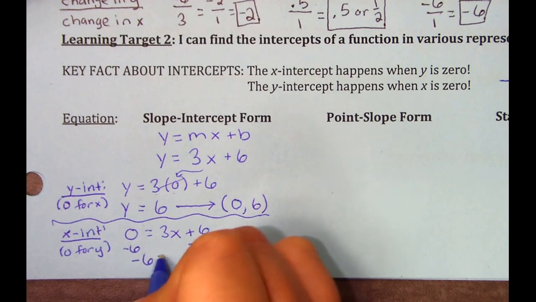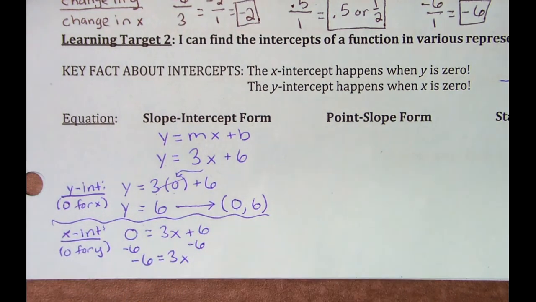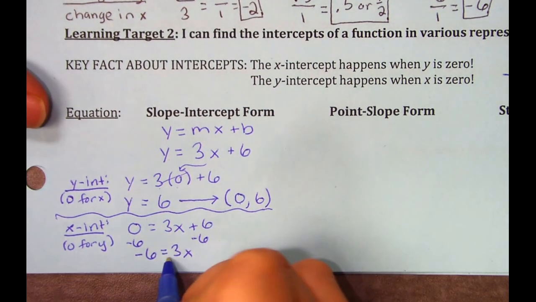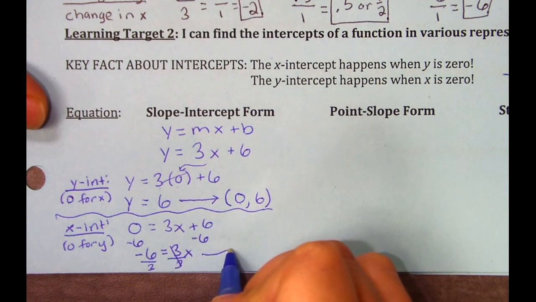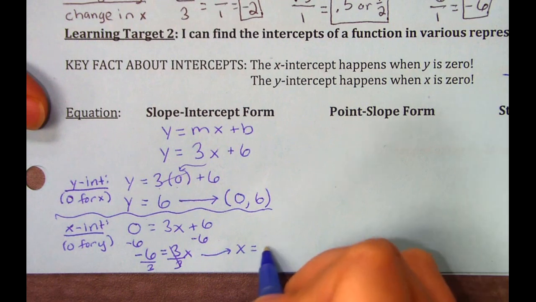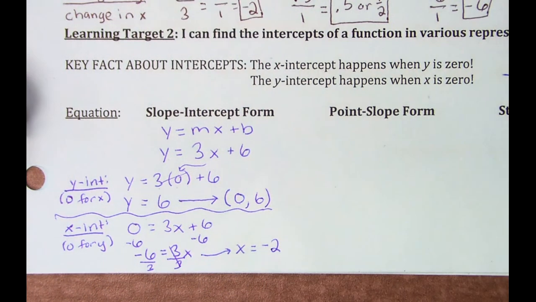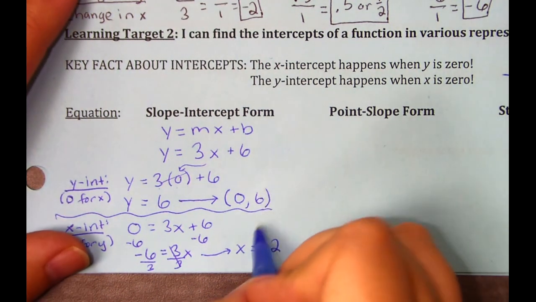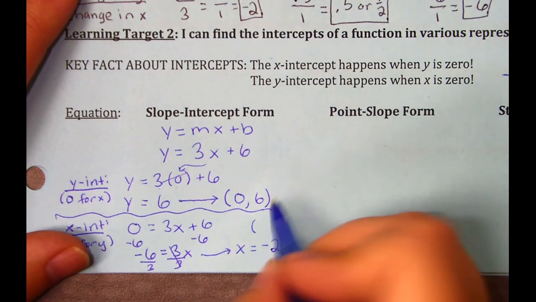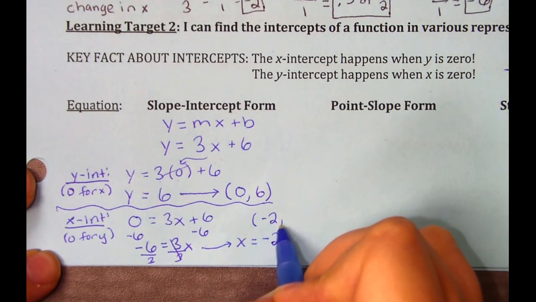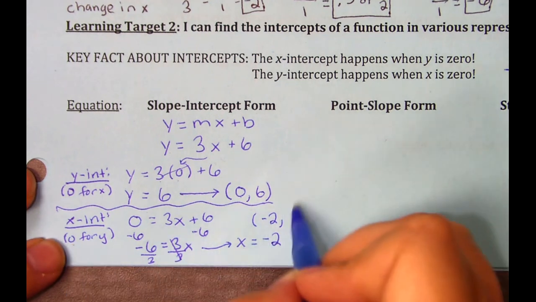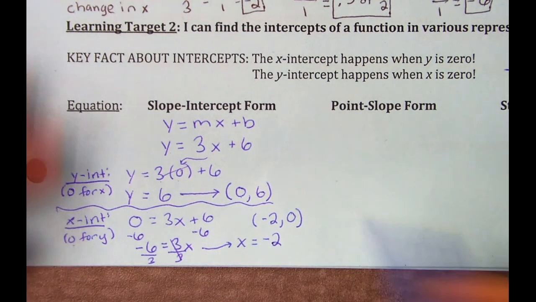So I get negative 6 equals 3x. Divide both sides by 3. So x equals negative 2. And that means that my x-intercept is x is negative 2. And that happens when I put 0 in for the y-coordinate.